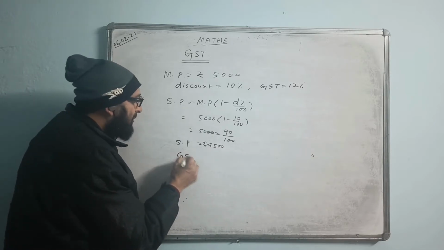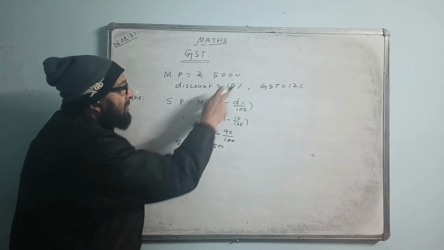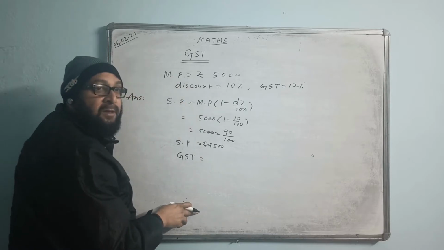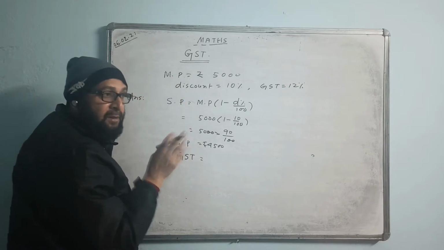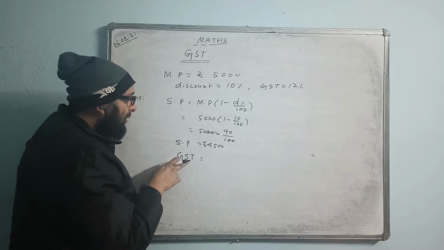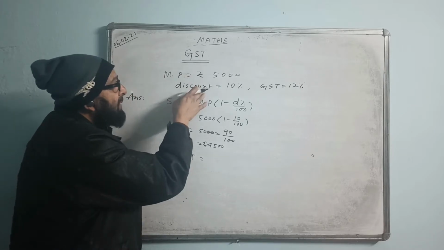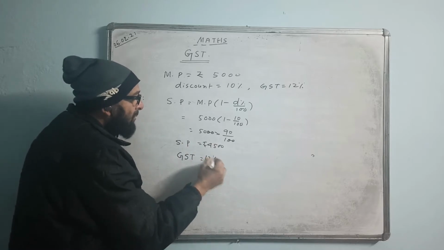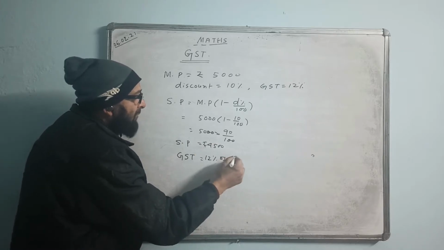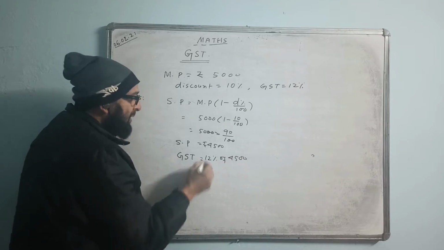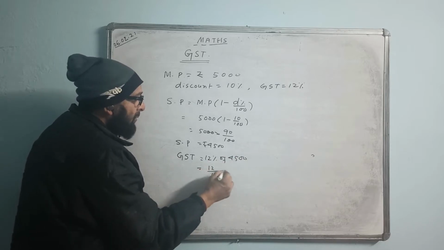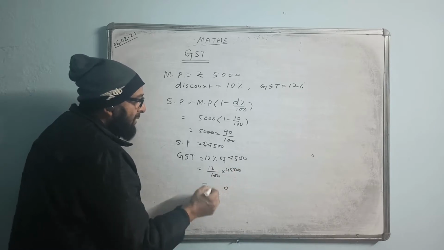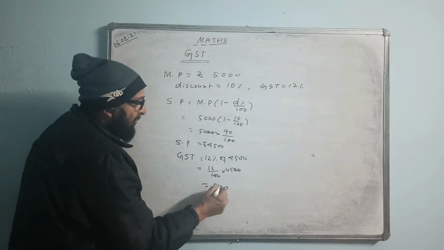Now GST we find out. GST rate is 12%, 12% of this, not on the mark price. When the question doesn't say anything about the discount, the mark price and the sale price are the same thing. Now, because discount is being given, the mark price and sale price will be different. Now I find 12% of the sale price, 4,500. GST, 12 by 100 into 4,500 I will do, and I will get this answer. 540.